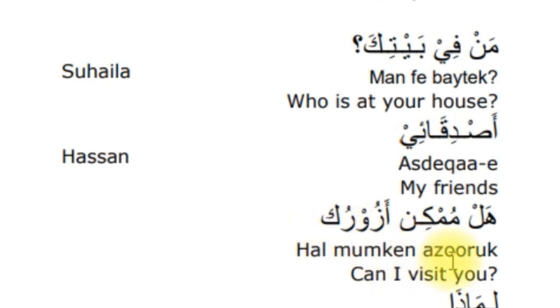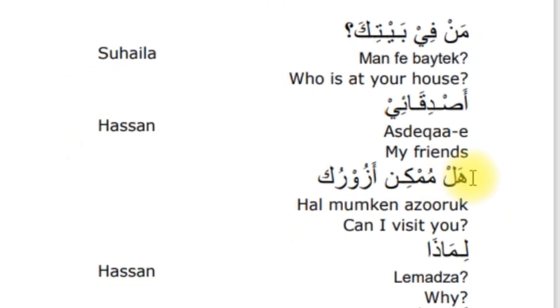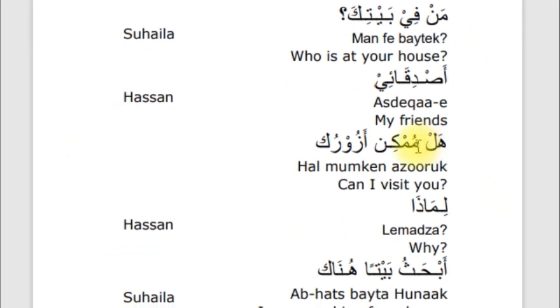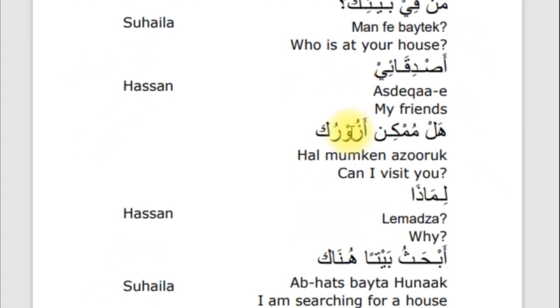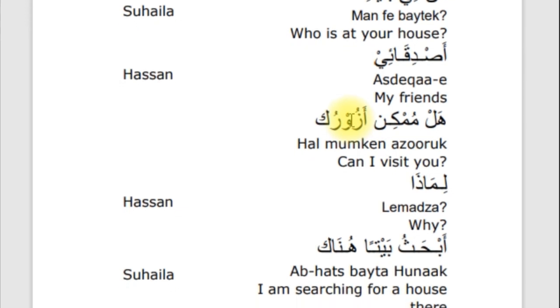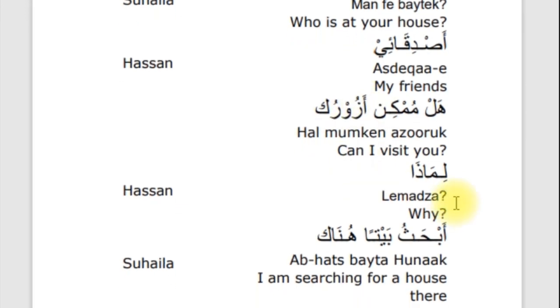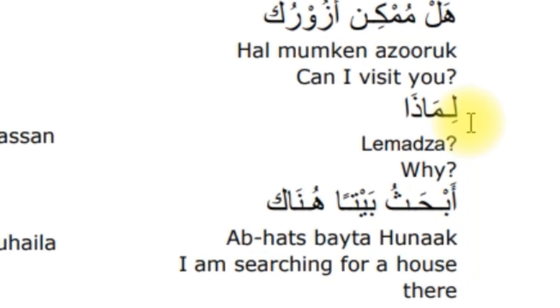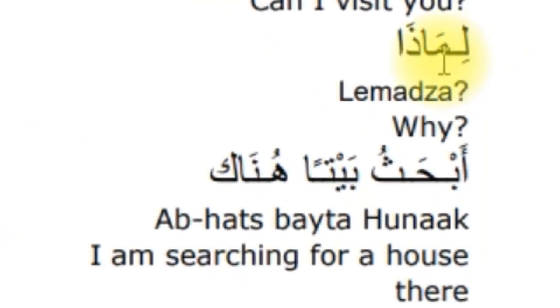Ka means you. هل ممكن أزورك؟ لماذا؟ لماذا, why?